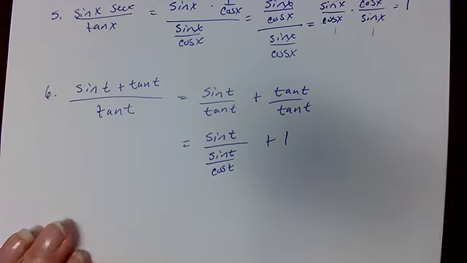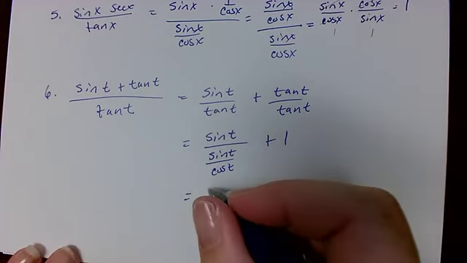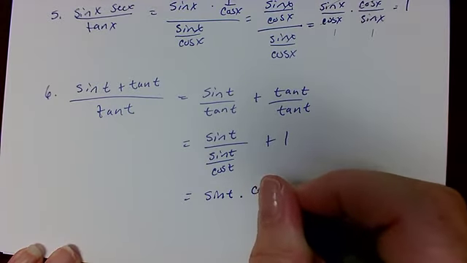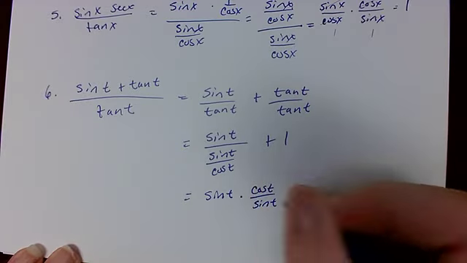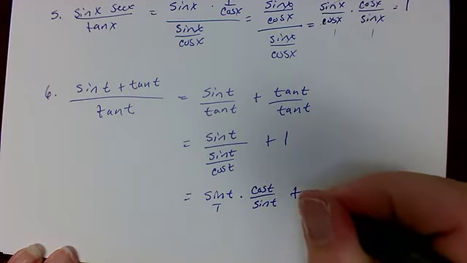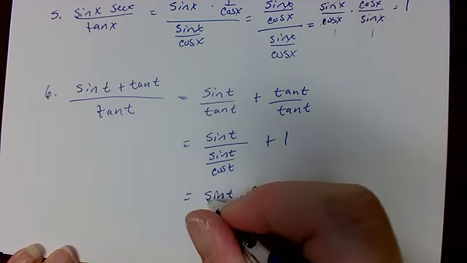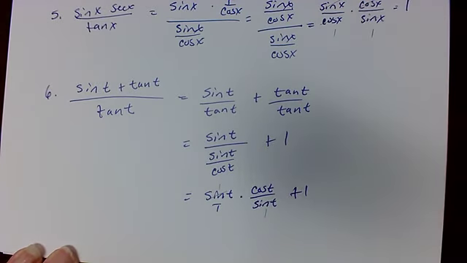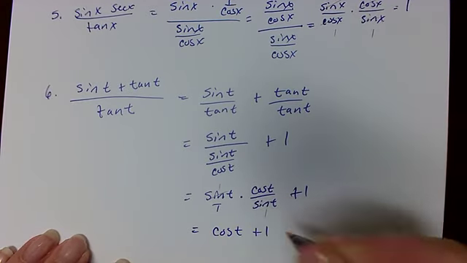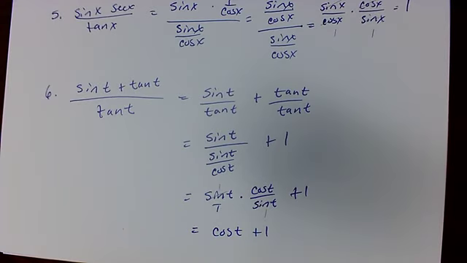So here I'm going to bring it down 1 more, and I'll have sine t times cosine t over sine t. Remember, this is over 1, and still plus 1. Well, here my sine t's will cancel each other, so this will get me cosine t plus 1. And this is how we simplify our trigonometric expressions.